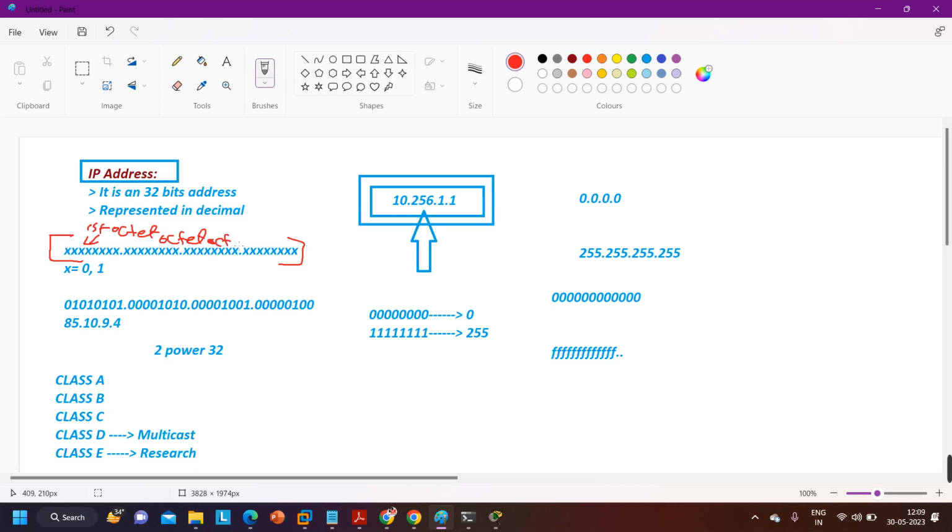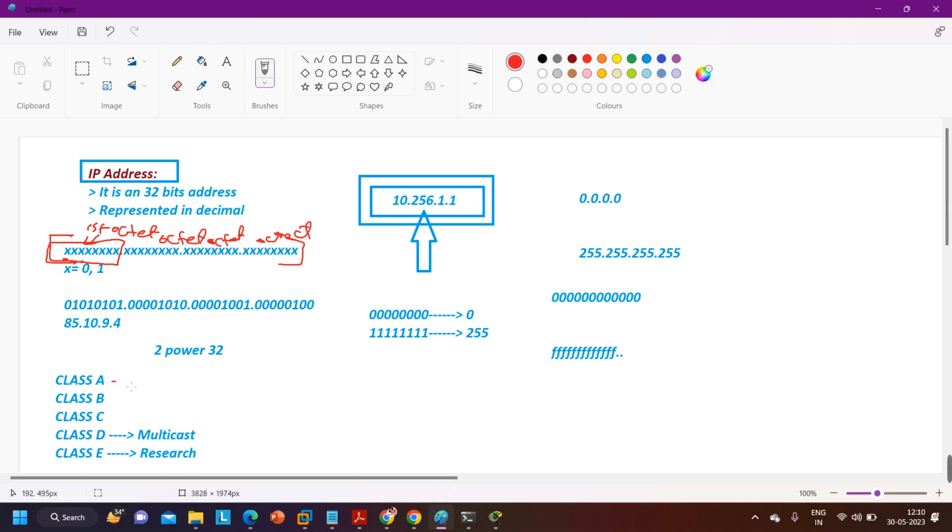This one is the third octet. We call one field an octet because there are 8 bits. Getting my point? Yes. So the value present in the first octet means in this field. On the basis of that we divide IP addresses into classes.